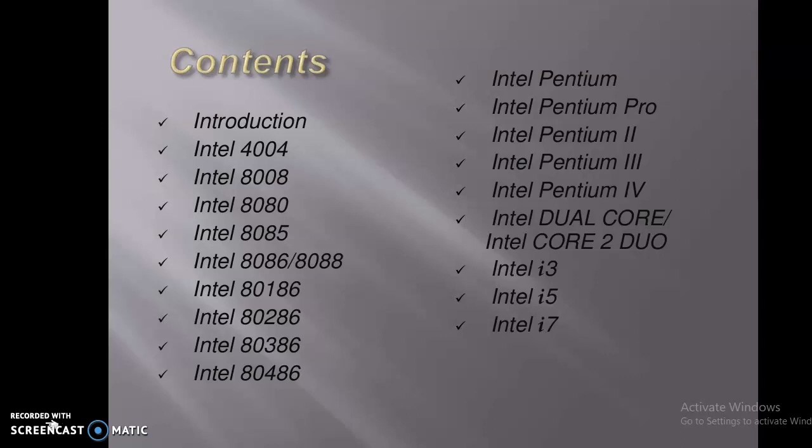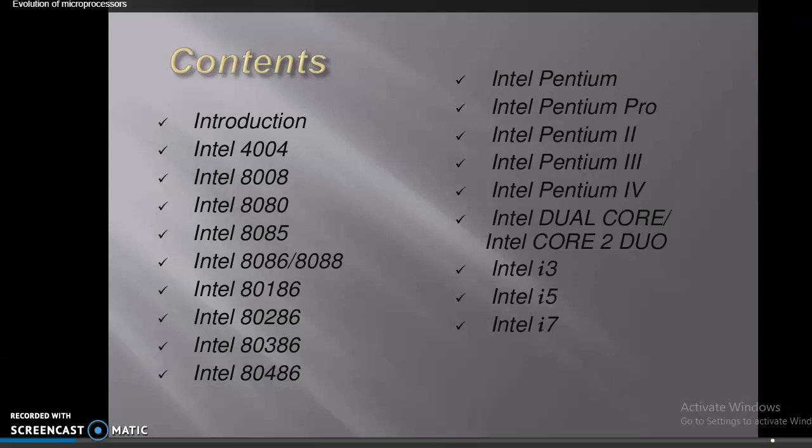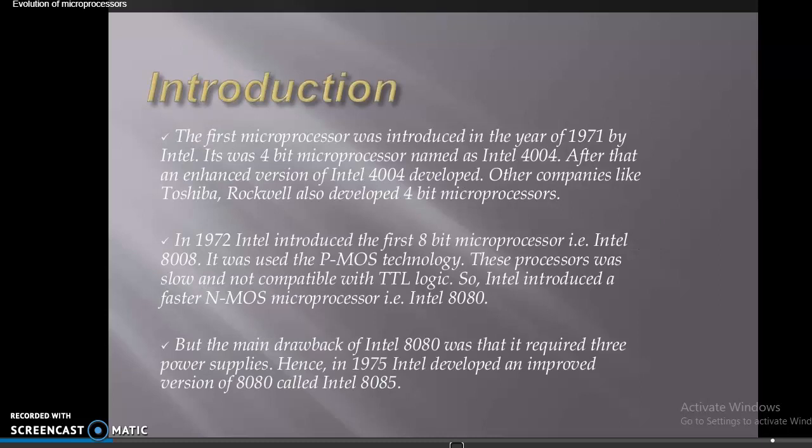Okay, so let's see the generations or the history of Intel microprocessors. Here in this first picture you see the contents: introduction, and then Intel 4004, 8008, 8080, 8085. These are all names of microprocessors. What is meant by the bits is the number of bits a processor can process at a time: 4 bit, 8 bit, 16 bit.